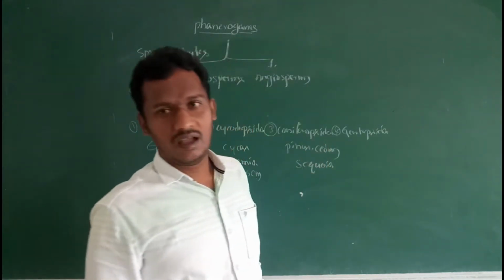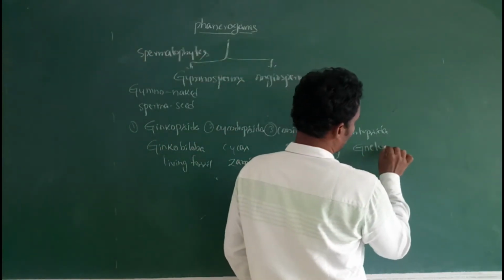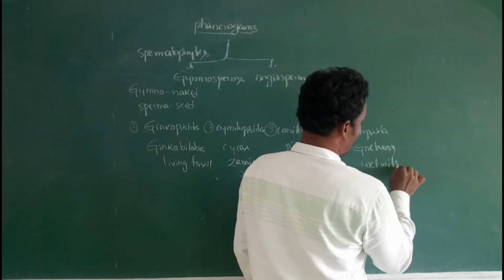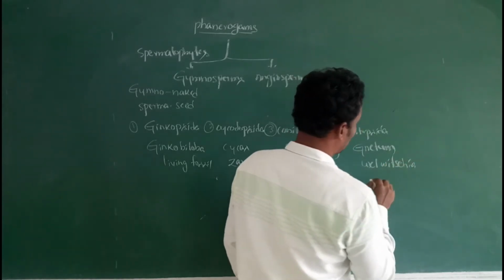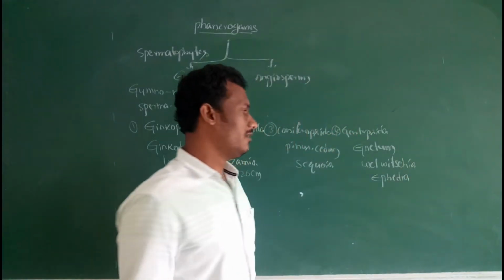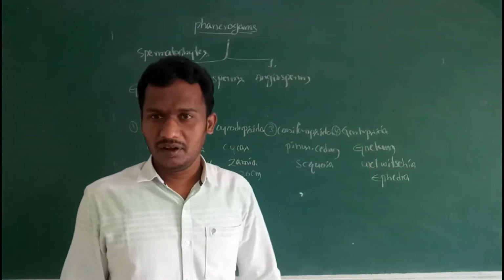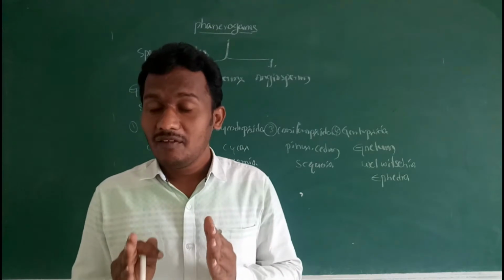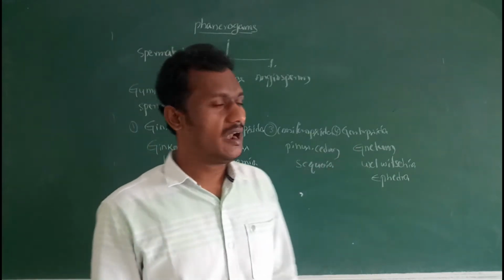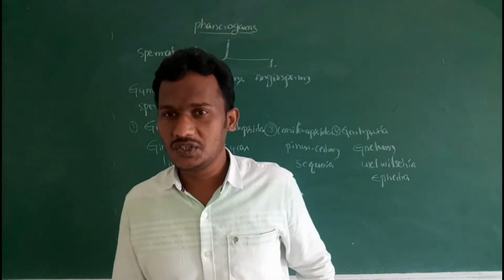Next is Gnetopsida. Examples are Gnetum, Welwitschia, and Ephedra. Gnetum and Ephedra show evolutionary advances towards the angiosperms.